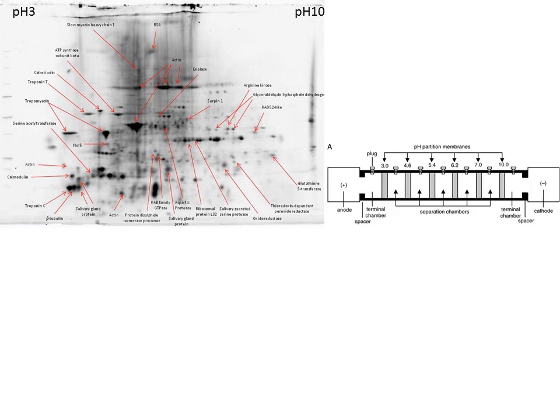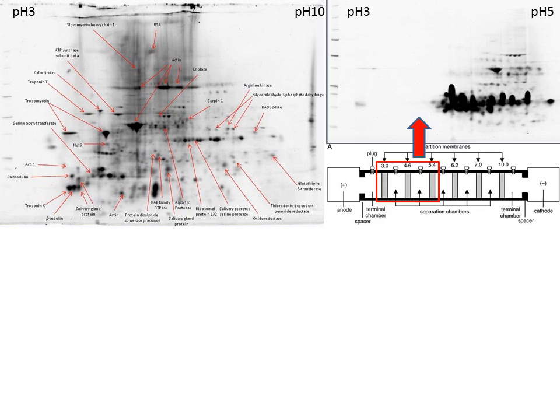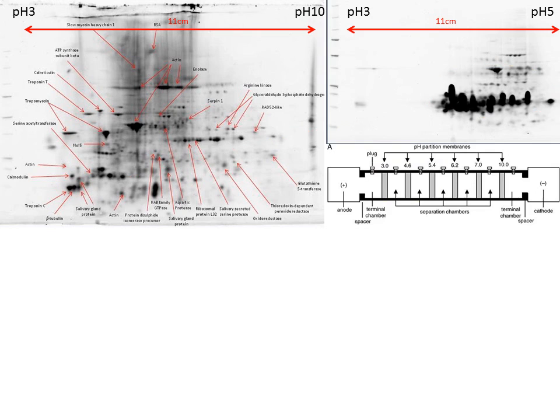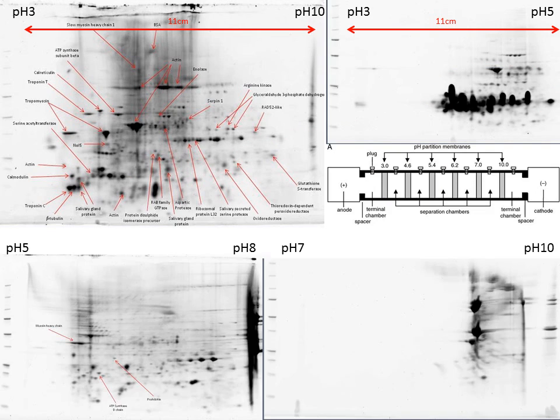If we separate by charge first and then take the liquid from this chamber, which contains protein whose charge is neutral between pH 3 and 5, and we separate them on an IEF strip of the same size but a reduced pH range, we can see that this group of proteins with about 6 spots expands out into about 30 spots. A similar increase in proteome coverage happens with other pH fractions, and this greatly increases the information.